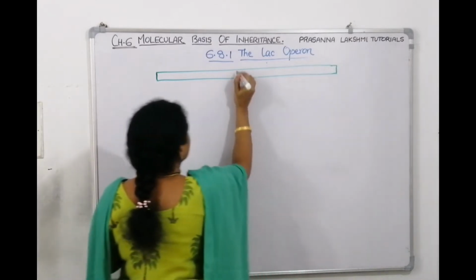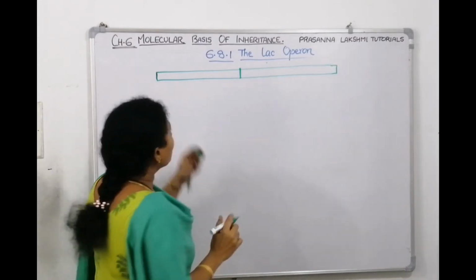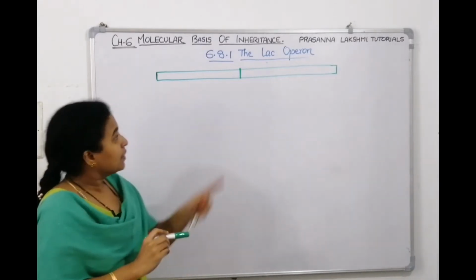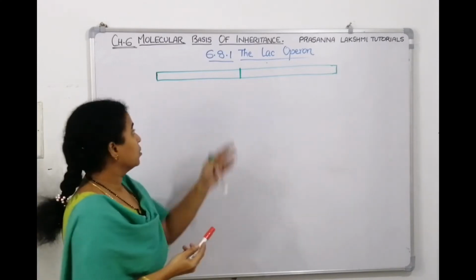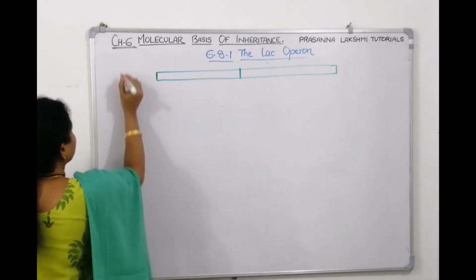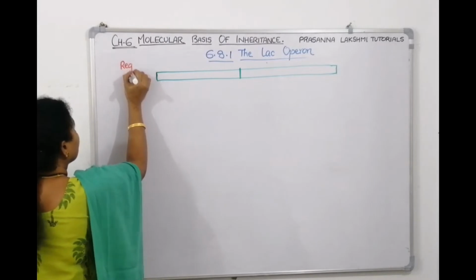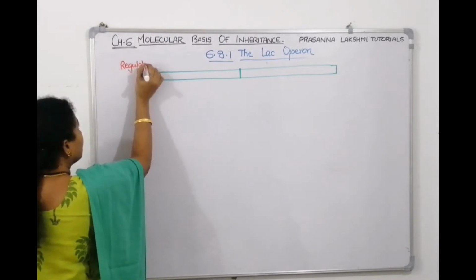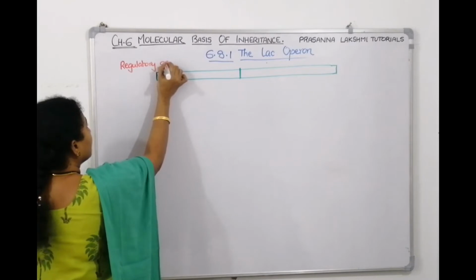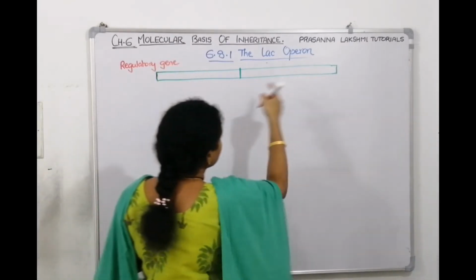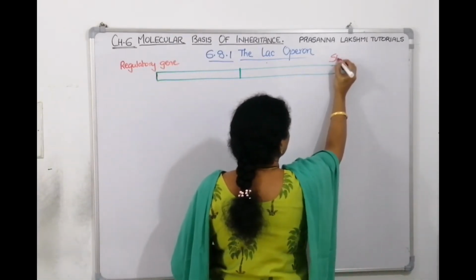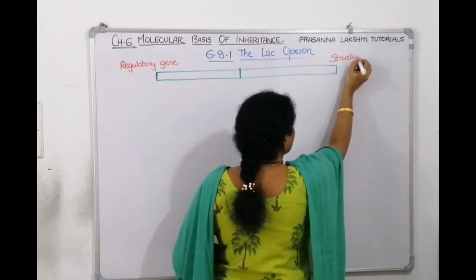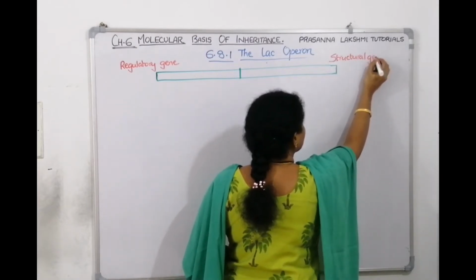Half of it is called regulatory gene, half of it is called structural gene. So, this side is regulatory gene, and this is called structural gene.